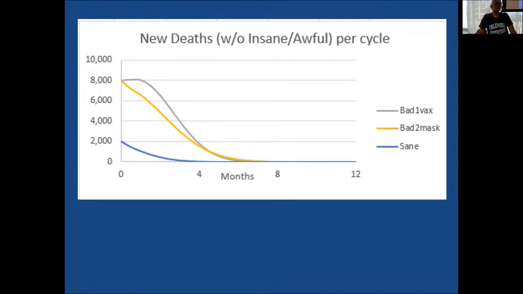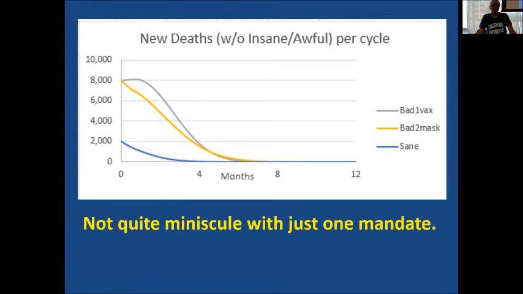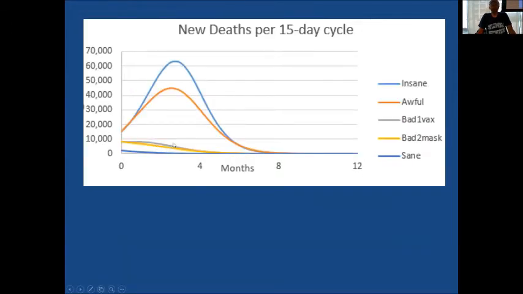So if you have a sane government that actually says you must mask and you must get vaccinated, then the effect is going to be very, very different on the deaths. So this is basically the goal of the model: to see what the effects are of changing R0 and our vaccination rate on the outcome. And so any questions so far?